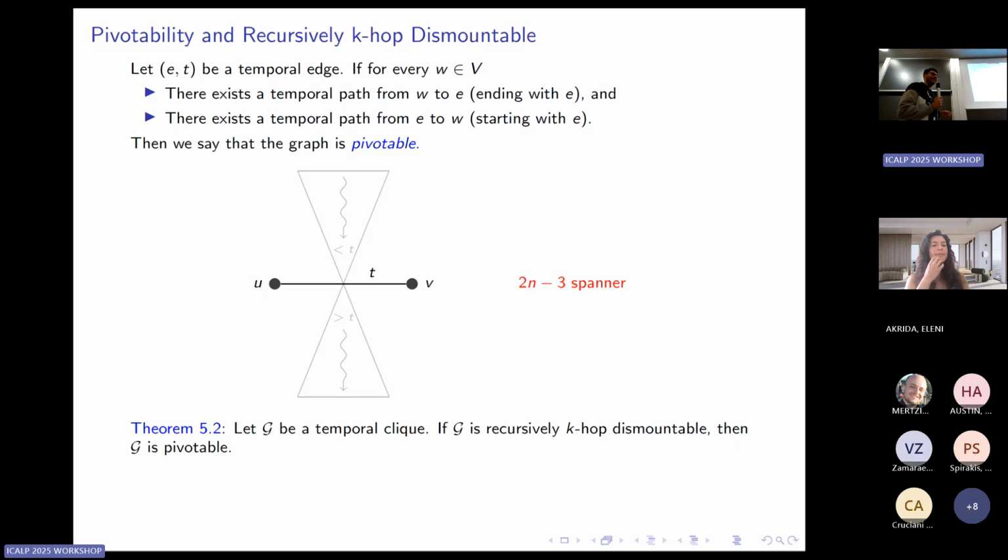But this does not always exist in temporal graphs. And we also proved that the class of recursively dismountable cliques is a subclass of the pivotable one.